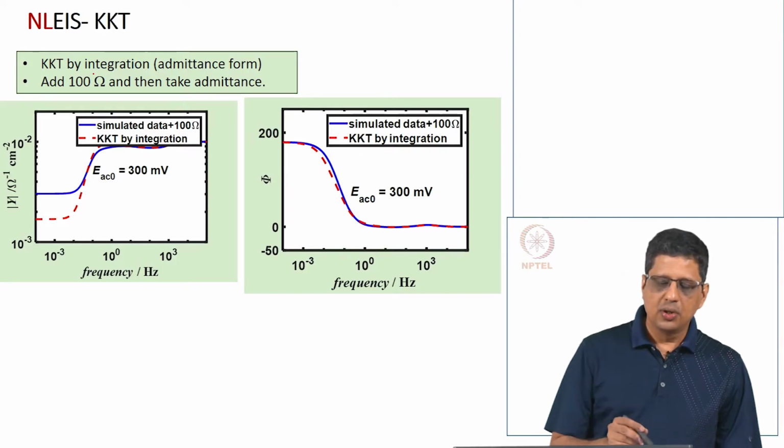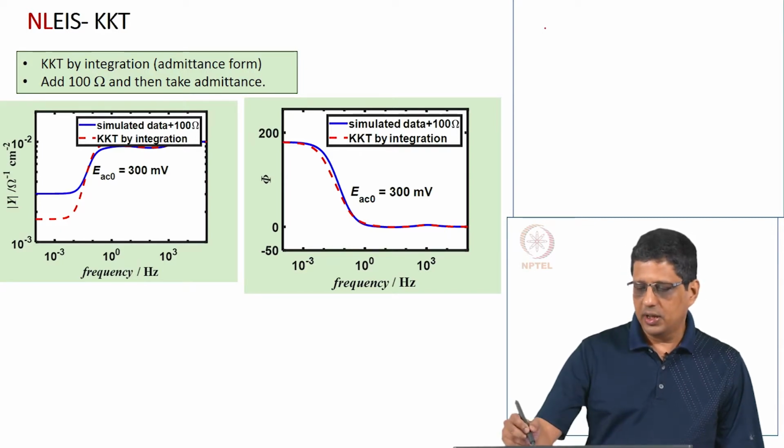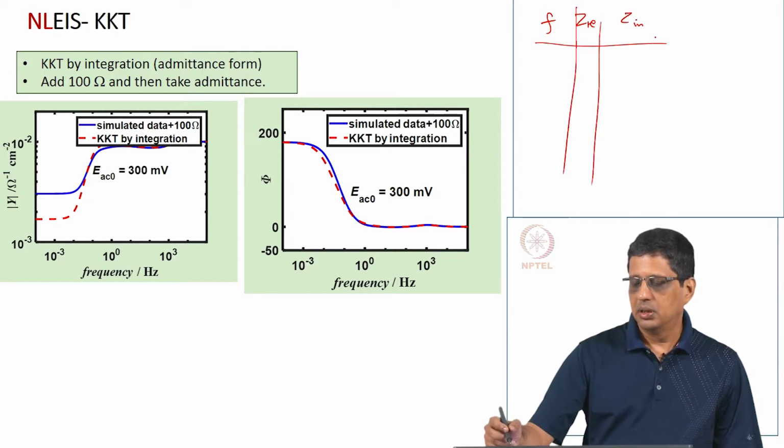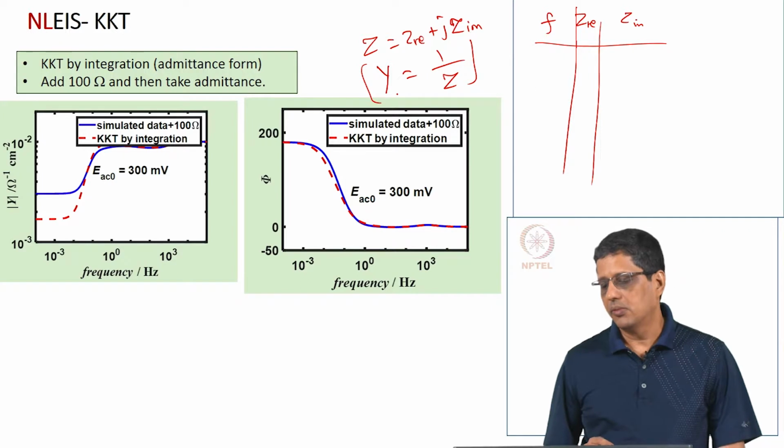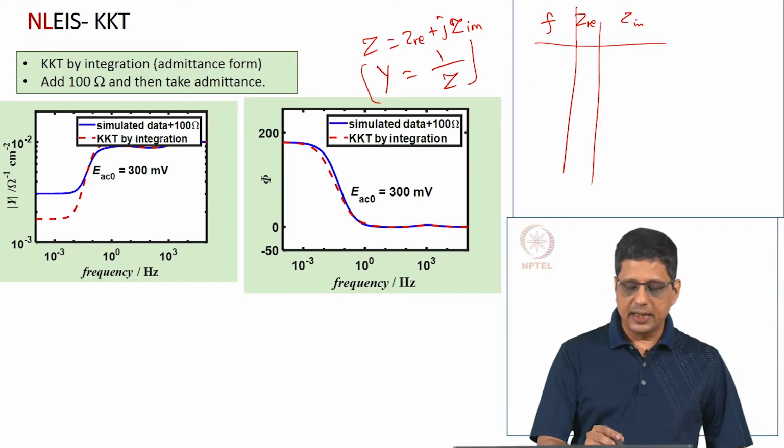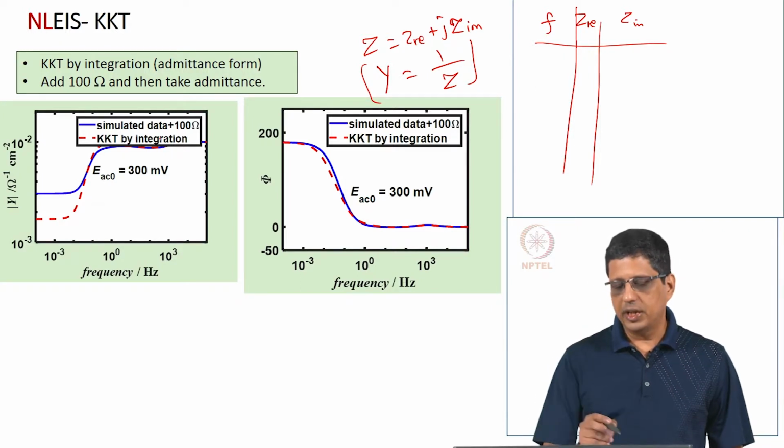Okay. So, what we have done is the following: we have got data in frequency, Z real, Z imaginary, and of course, Z is given by Z real plus j Z imaginary, and Y is going to be the inverse of Z. But instead of directly taking the simulated data, we have done the following.